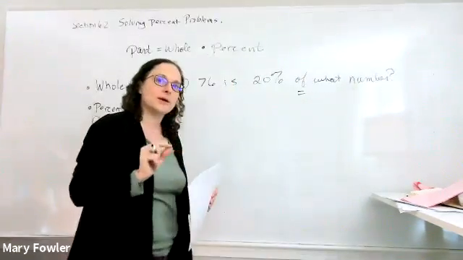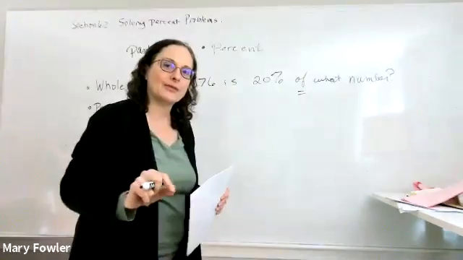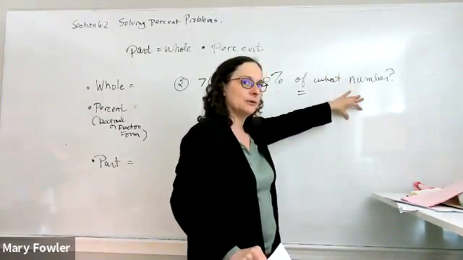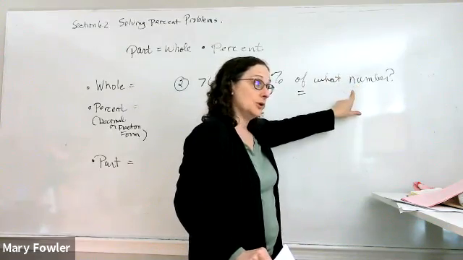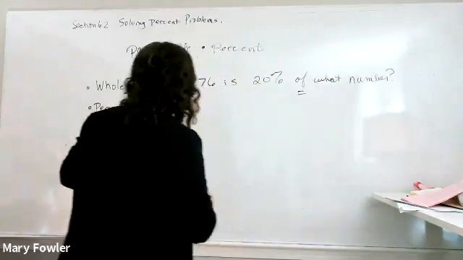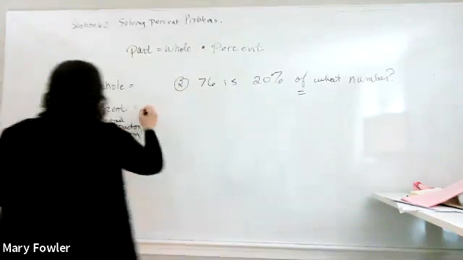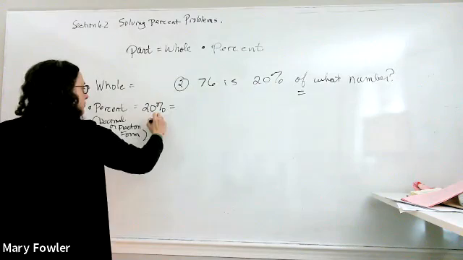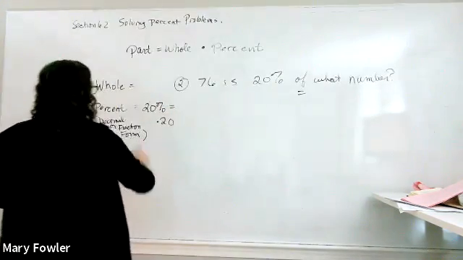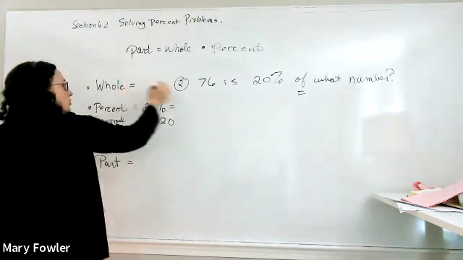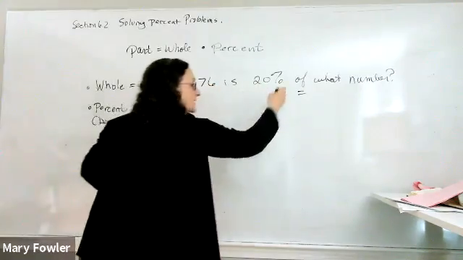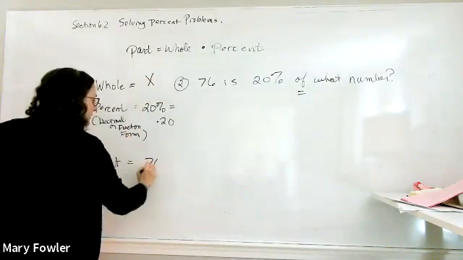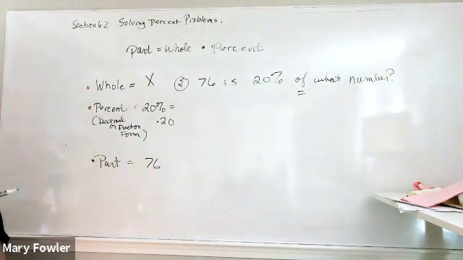So it looks like the number that of is referring to is the unknown. Okay, so then 20% is the percent. So here, I'm going to go through the numbers we have. We think that the whole is what we're looking for. 76 is 20% of some number. And the part is 76.